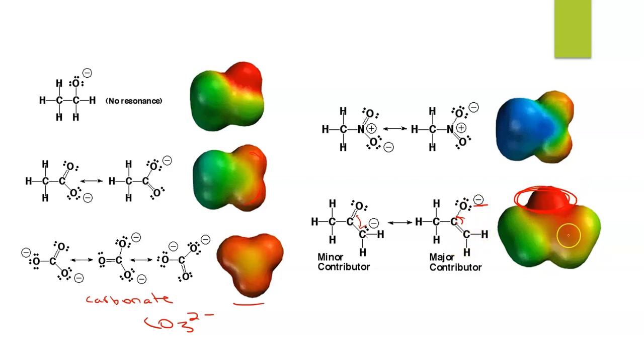So it's actually a little bit more negative up in this region than here. We can see that it's still bouncing between the two. We have negative density between those two, but that one is stronger because it is the major contributor, and that will be because the negative charge is on the more electronegative atom, being the oxygen, making it the more stable resonance structure.